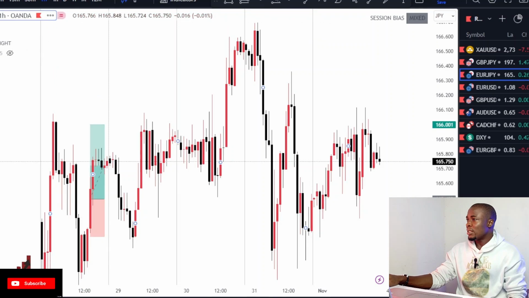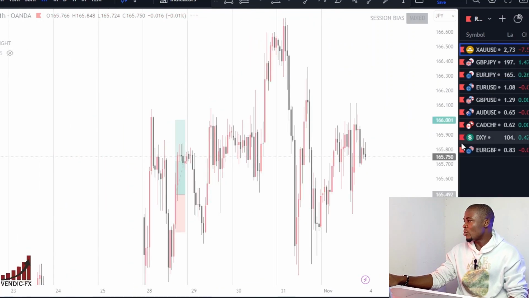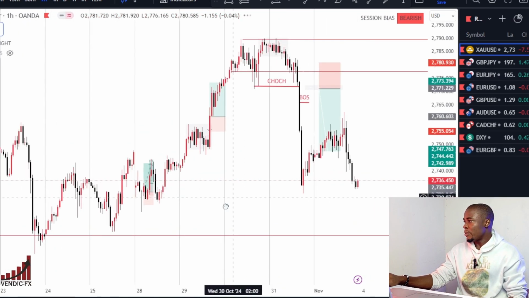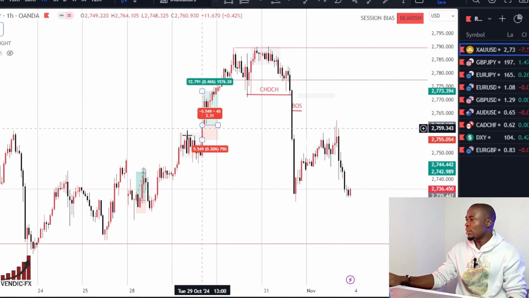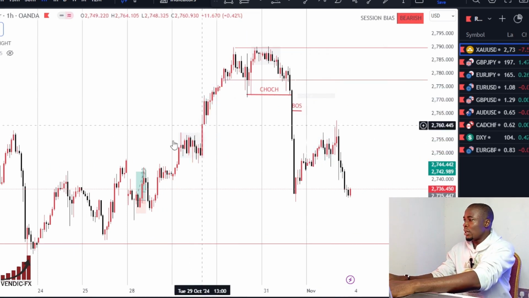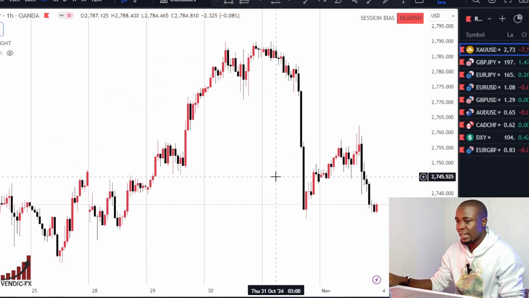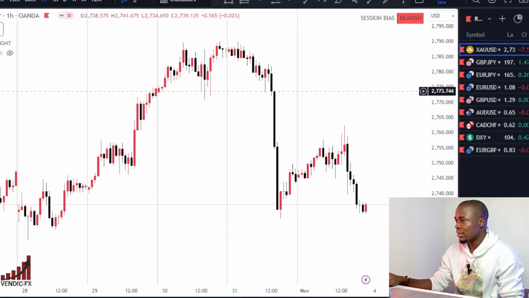Let me pick something that is very common, that will be gold, because a whole lot of persons are trading gold. If you get a chart like this and ask what the support and what the resistance is, naturally everybody can see that.